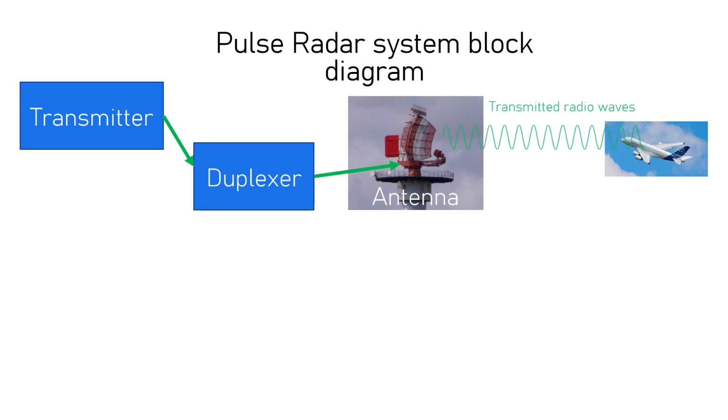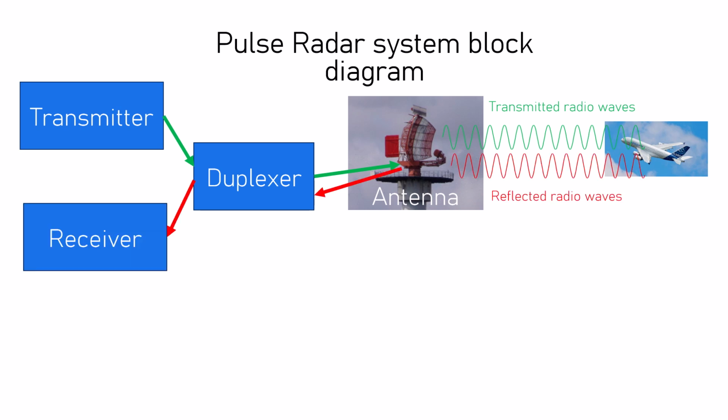The radio signal is reflected off any objects that are within the transmitted beam, and a portion of the reflected energy returns to the receive antenna. The reflected signal is passed back to the duplexer, and the received signal is passed to the receiver. The received microwave signal is amplified and the pulses are then passed to the processor.